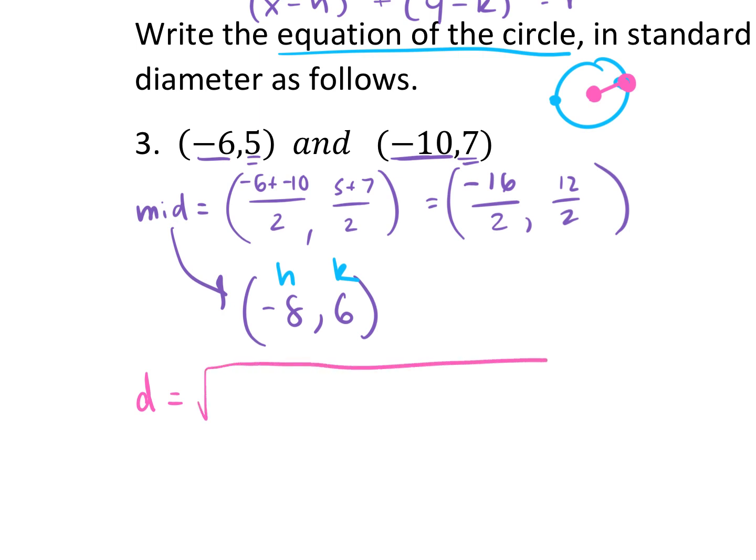So our distance formula is the square root of, we'll call this x1 and y1, and then we'll pick the first point and call it x2, y2. So x2 minus x1 would be negative 6 minus negative 8, squared, plus y2 minus y1, 5 minus 6, squared.